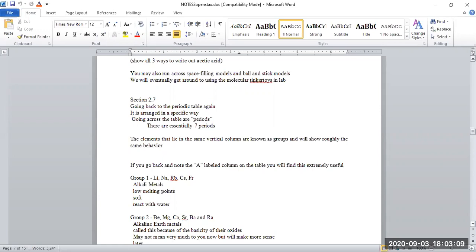If you look at things that are in the same period, we will later discover that that tells you certain things about how their electrons are arranged. But sometimes we pay more attention to the columns.